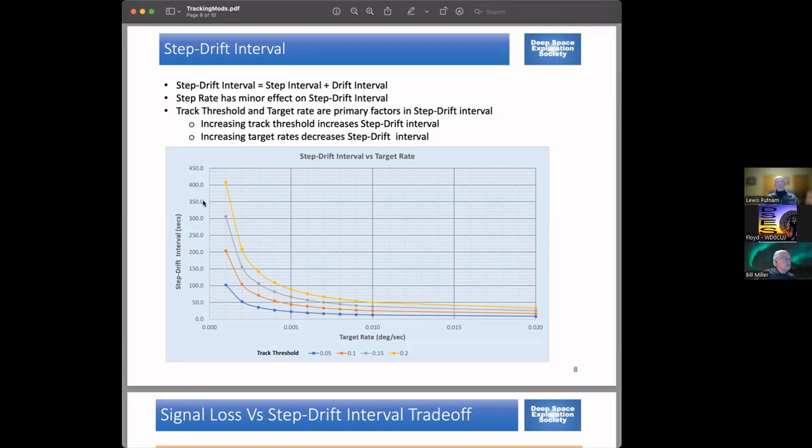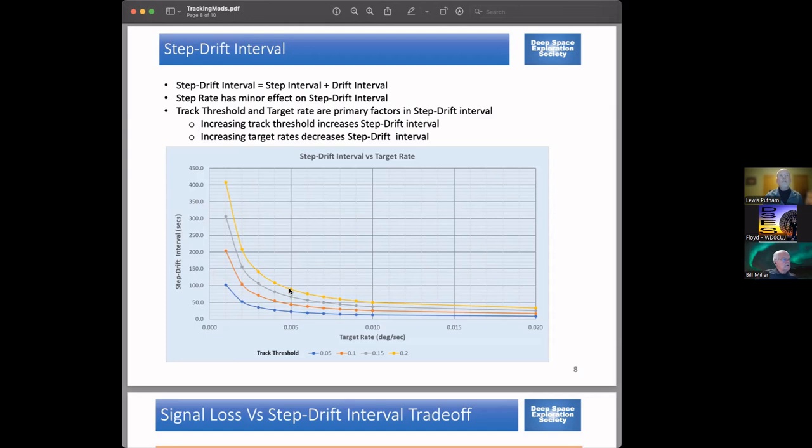So if you have, let's say at 0.005, a really tight 0.05 threshold, the update interval is going to be around 20-25 seconds. If you go all the way up to a 0.2 threshold, then the update interval is going to be around 90 seconds or so. So that's the way you read this chart.